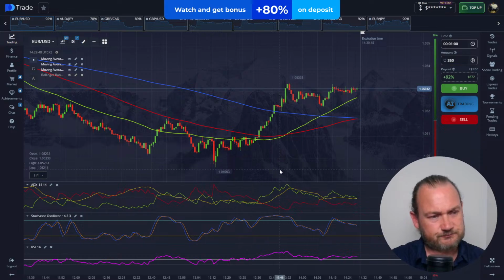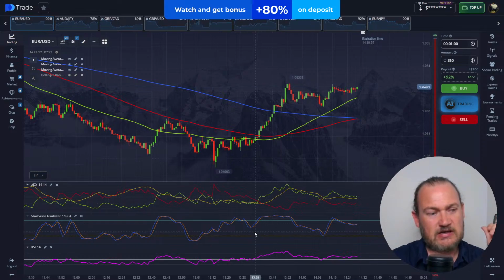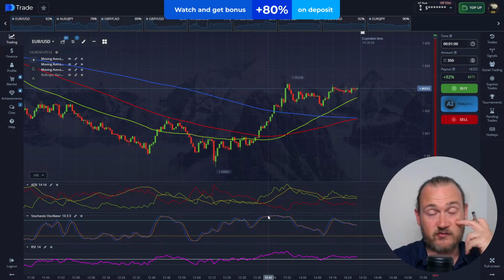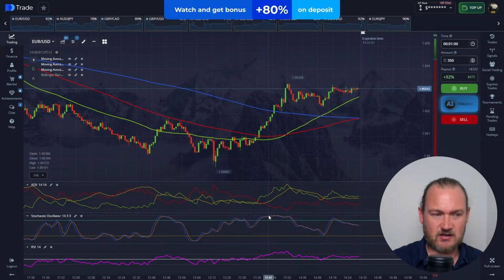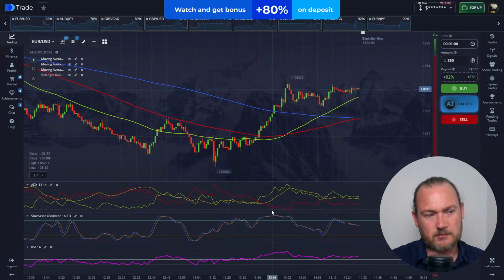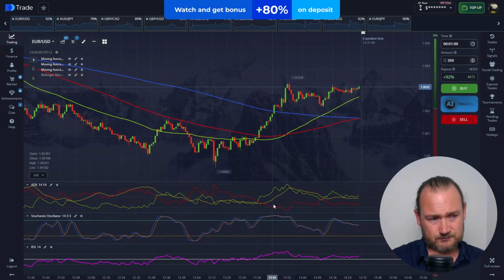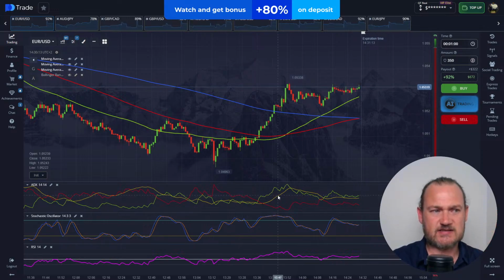Now, here's the thing. If you look at this really nice push we had here on euro, when my ADX started going up, I had my stochastic in the overbought area already, telling me that there's momentum there. We've got bullish momentum on the stochastic, and I've got my ADX coming up, telling me that the strength of the move is increasing.